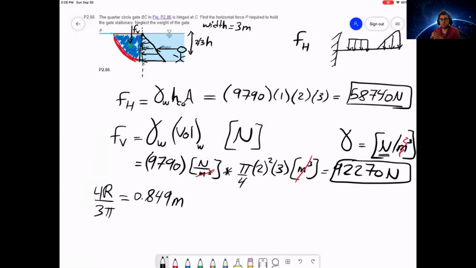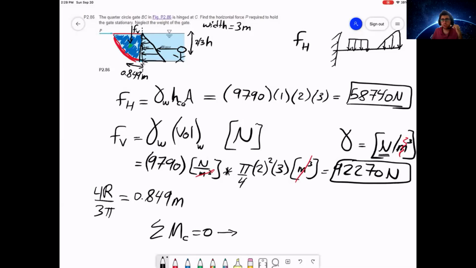And this is starting from C. So you go from C to the centroid by 0.849 meter. Now it's easy. Now we know all the locations, we know all the magnitudes. We can write the moment equation at point C, and it should equal 0 to hold. So it's a static problem.